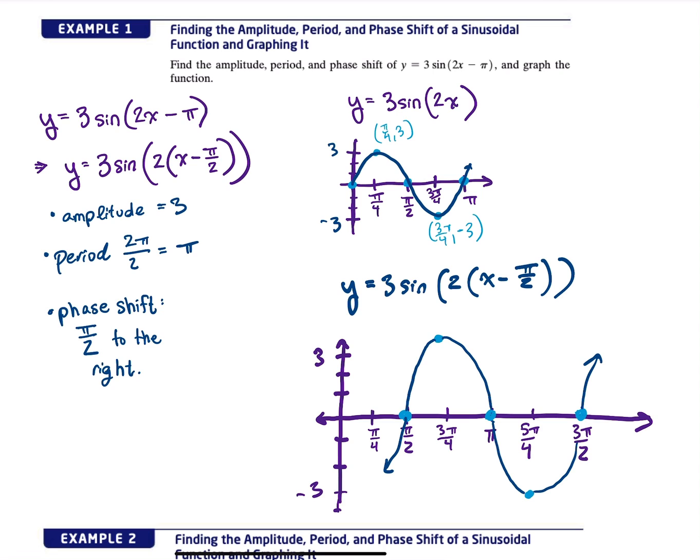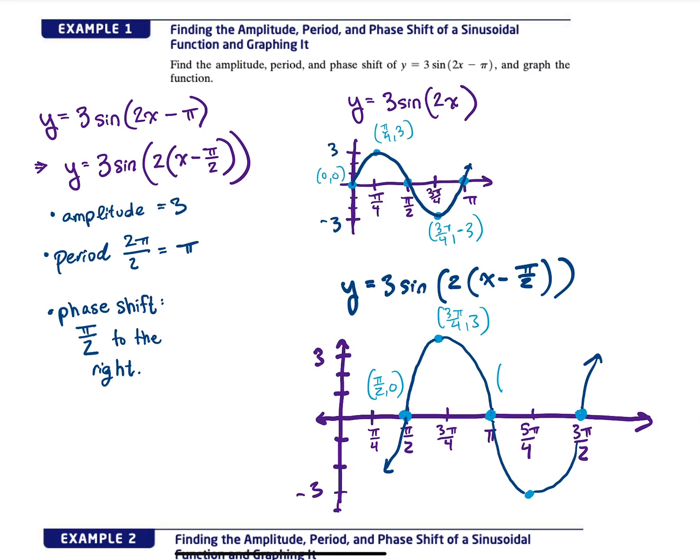Now we can imagine adding pi over 2 to all of the x values. So this was 0, 0 here. This will be pi over 2, comma 0. And then this will be over here at 3 pi over 4, positive 3. You can also get that by adding pi over 2 to pi over 4.